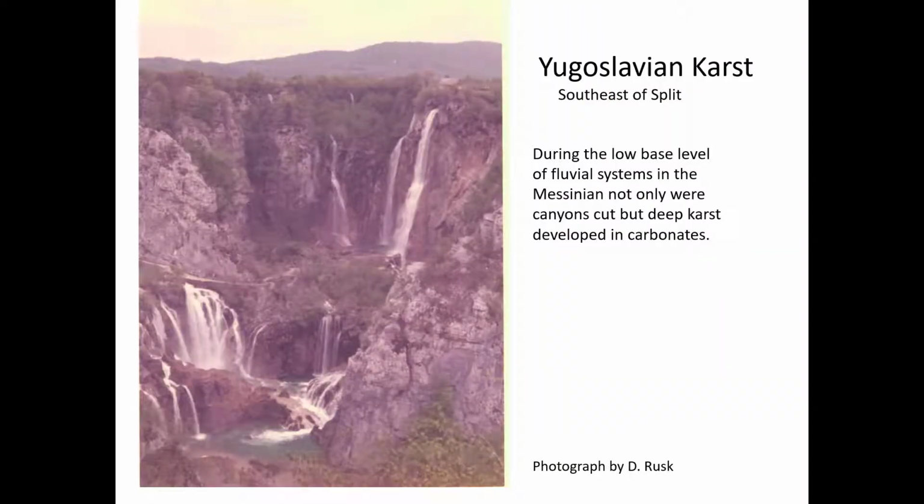Here's what the point is about those limestones. When the sea goes down, the streams go into the limestones and they work their way down to the lowest level. Huge caverns in Yugoslavia. Don Russ took this picture. And this is the case in Spain, where they explore very deep caves, and cavers have worked for records on how deep they can get in the earth.